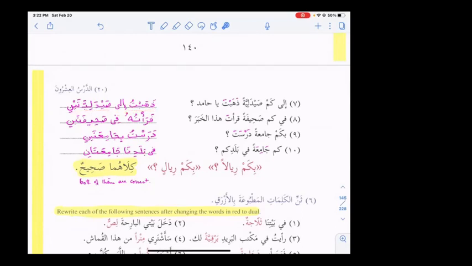في كم صحيفة قرأت هذا الخبر؟ In how many newspapers did you read this news? قرأته, I read it, the news. في صحيفتين.